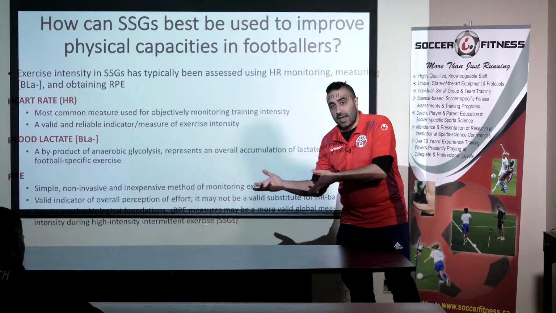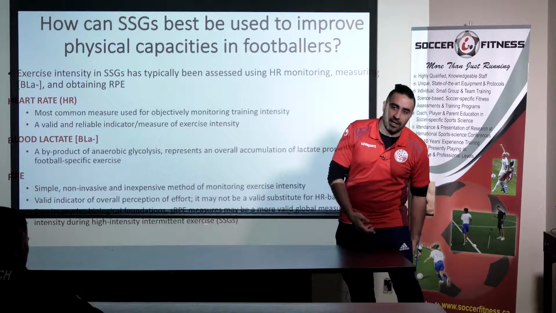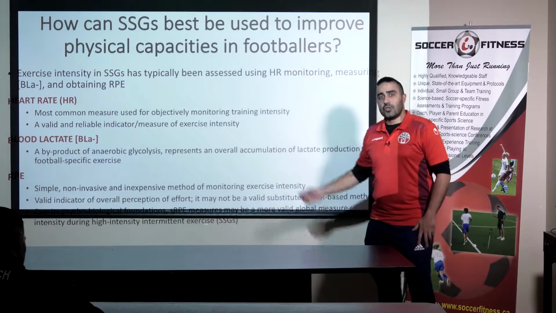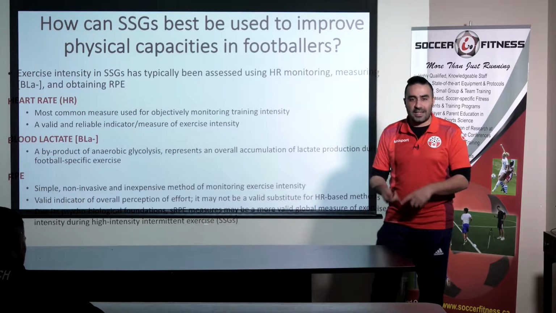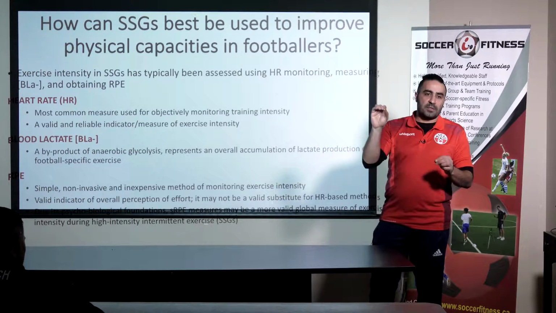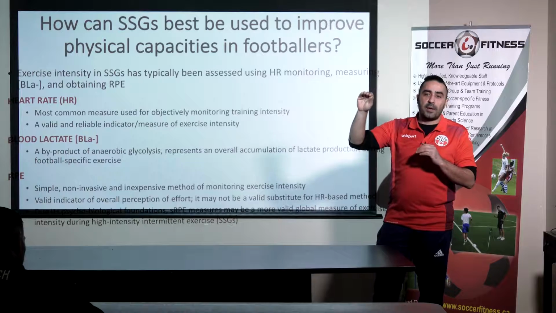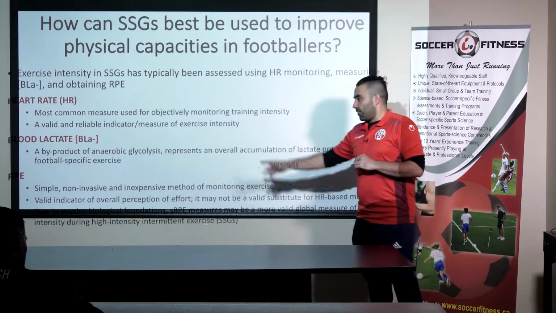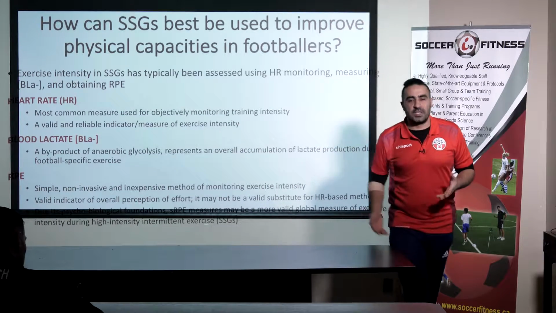The byproduct of that is the lactate. It's the lactate burn that people talk about. So by measuring the amount of lactate in the blood, that gives us a measure of anaerobic capacity and therefore physiological stress. And finally, RPE, the rate of perceived exertion.